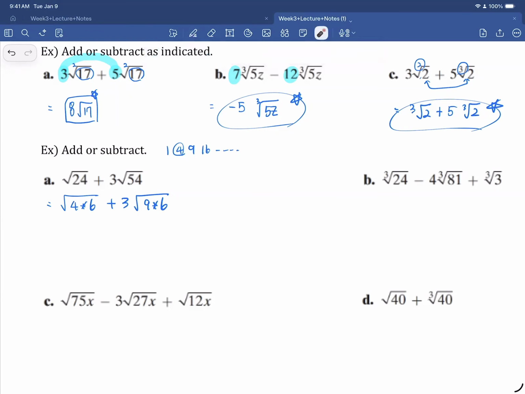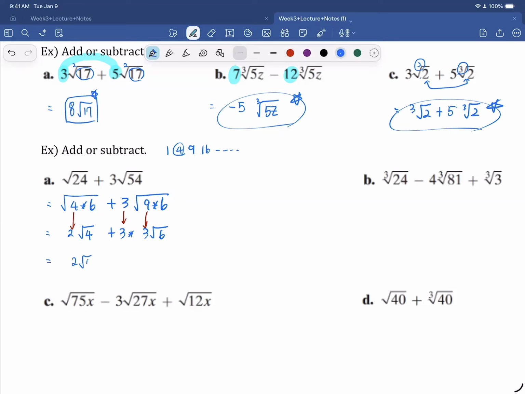As you can see, the square root of 9 is 3 and the square root of 4 is 2, right? So that's why I'm going to do 2 square root of 6, and then 3 times 3 square root of 6. Because the square root of 9 is 3 and the square root of 4 is 2, and the 3 in front stays the same. So we have 2 square root of 6 plus 9 square root of 6, since 3 times 3 is 9.